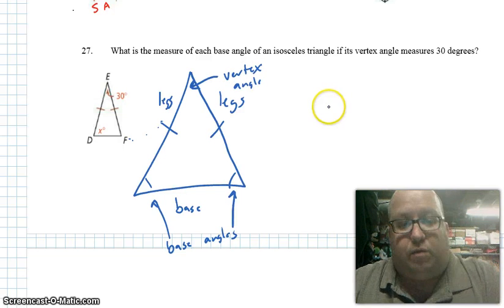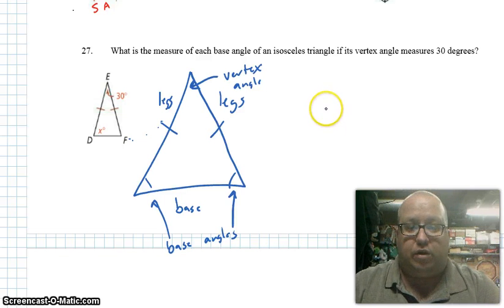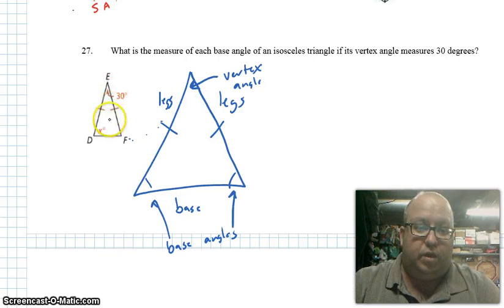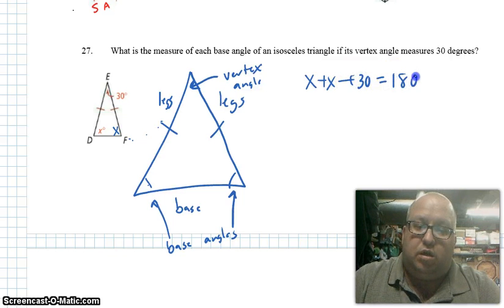Okay, now let me read that again. What's the measure of each base angle of an isosceles triangle if its vertex angle measures 30 degrees? Well, let's see. It's isosceles, so if that one's x, this one's x because they're the same like I just said over here. And the vertex is 30 degrees, so the triangle angle sum theorem says they all have to add to 180. So x plus x plus 30 equals 180.